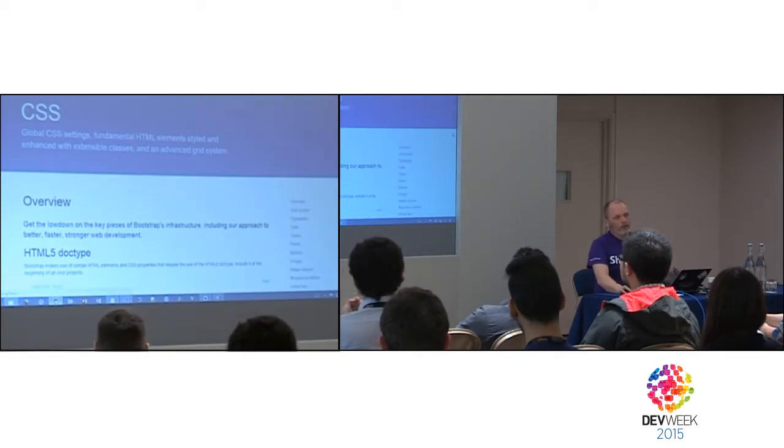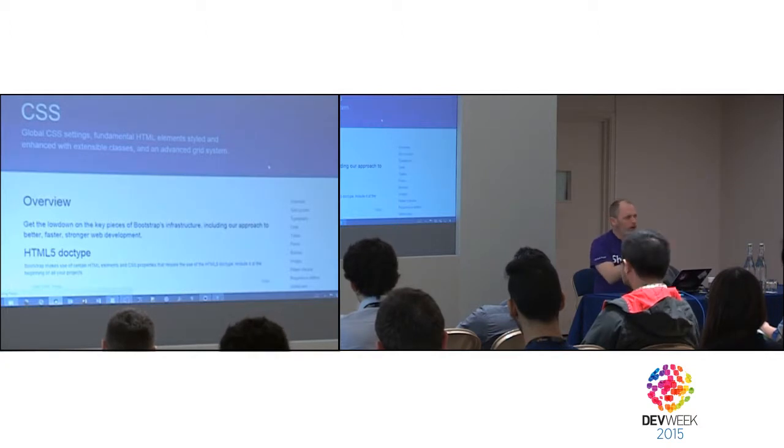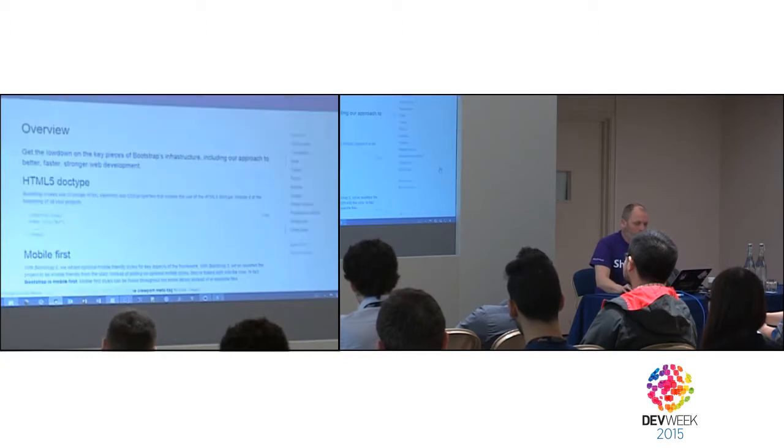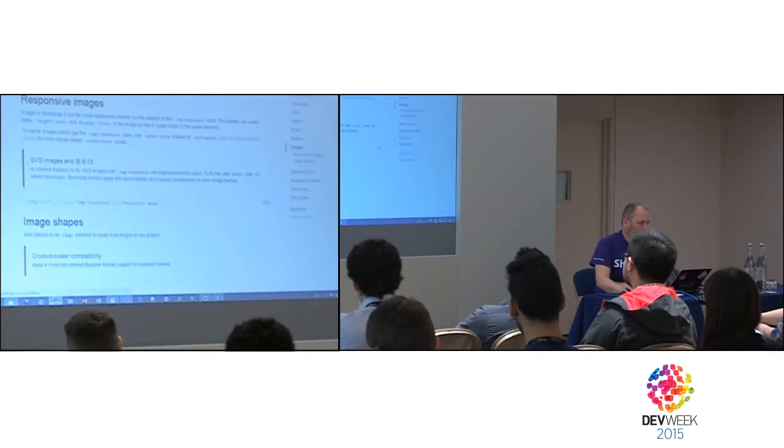If you put both of them in, most of the elements you can use without the JavaScript, but the elements on the components page and the JavaScript page need some JavaScript. But don't worry, you don't have to type JavaScript yourself to do this. So if you're not a JavaScript expert, you can still build great moving parts in your Bootstrap application. So here's the overview, and stuff like forms and buttons and images. And there are lots of samples in here.